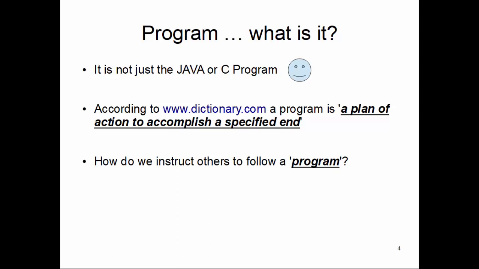That's a basic question, right? In the context of computer science, when we are writing a program, we are trying to instruct, for example, the processor or the computing system to do something for us. Think of it the other way also. You all have graduation programs, which means you have to take a specified number of courses, and one course depends on another, and so on and so forth.